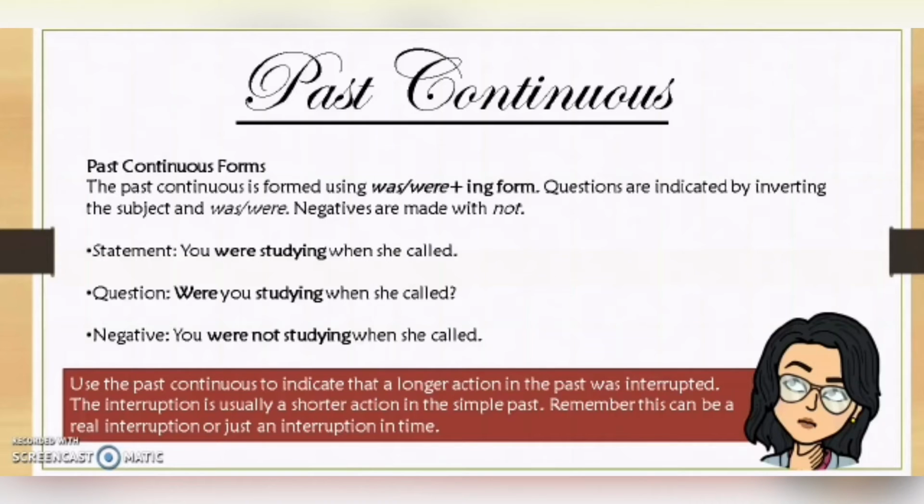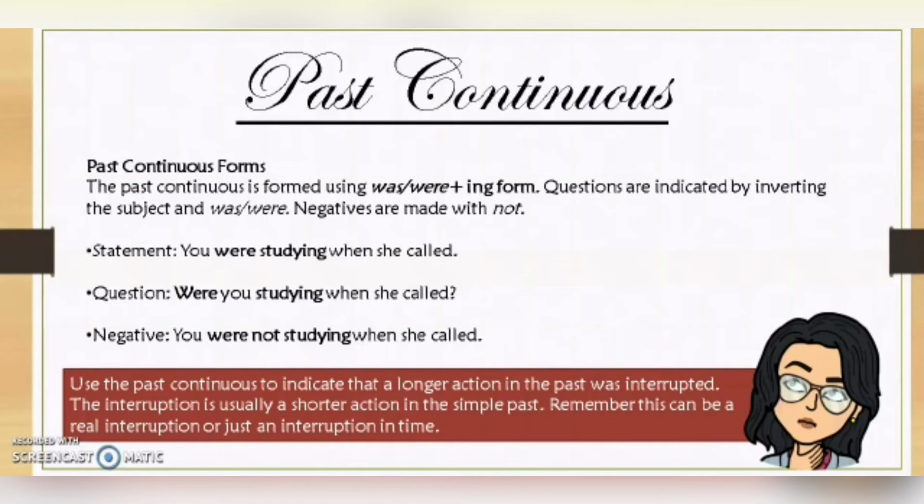Regularly we use was with he, she, and it, like the s of the present. But in this part we use it with I too. You say I was, okay?